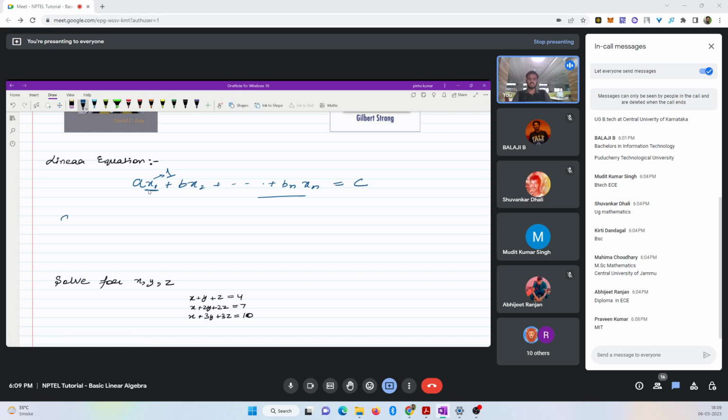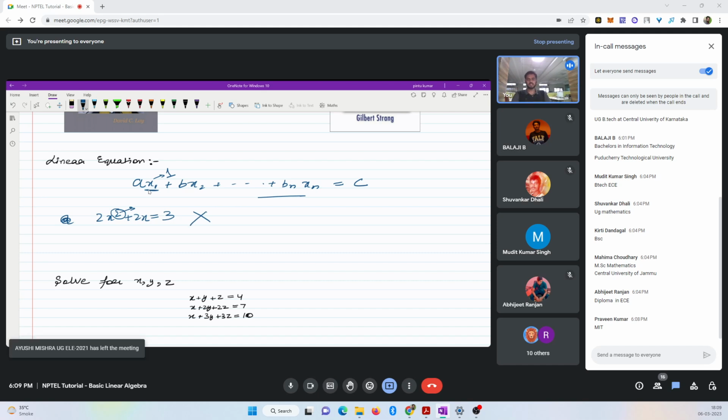For example, take the equation 2x squared plus 2 equals 3. Here you can see we have something raised to the power 2, so this kind of equation is not a linear equation.